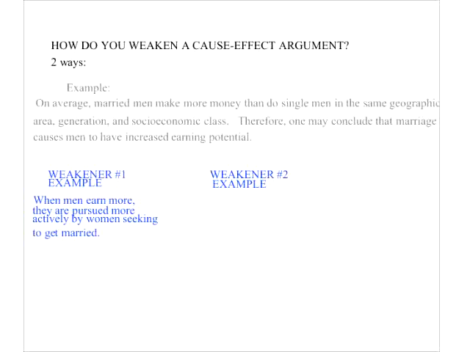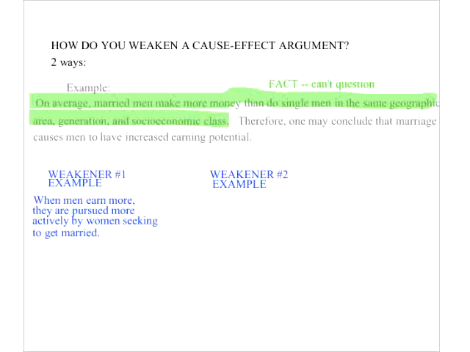So in this case, this is a weakener because this actually suggests that, like this is a fact, but we don't know why it's true. So that's a fact. You can't question this. This is the claim. This is what you can attack. You can provide alternatives to this claim. But we are just guessing that this is the case.